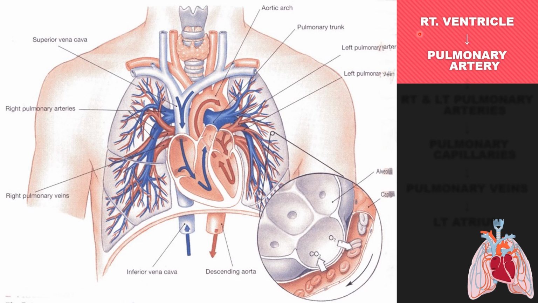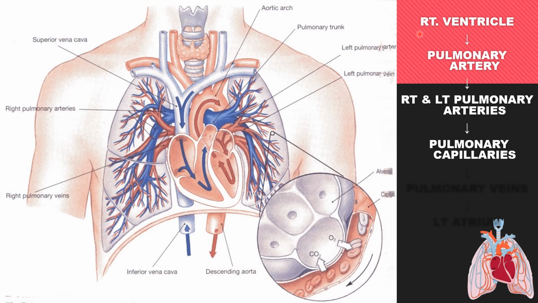This pulmonary artery forms a dense, richly anastomosing hexagonal array of capillary segments that supply the alveoli of the terminal respiratory unit. The right and left pulmonary arteries form the pulmonary capillaries, and the blood circulates through these capillaries.